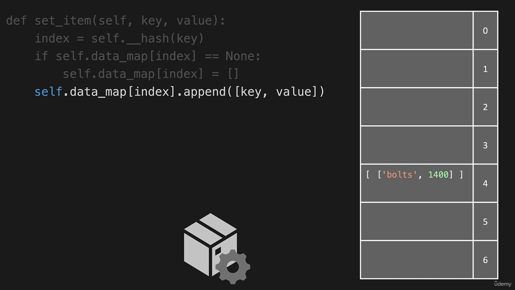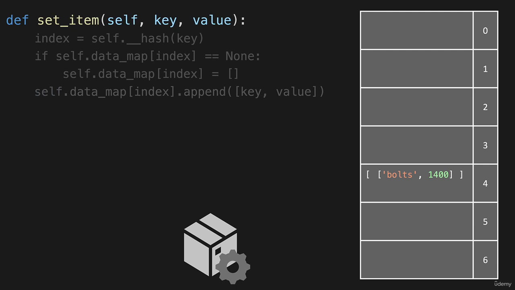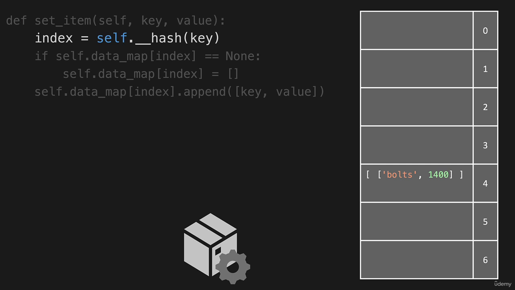So now let's walk through this, putting another key value pair in at the address of 4. So we're going to call the setItem method, pass it the key and the value. We're going to do this to get the index. It will be the index of 4.